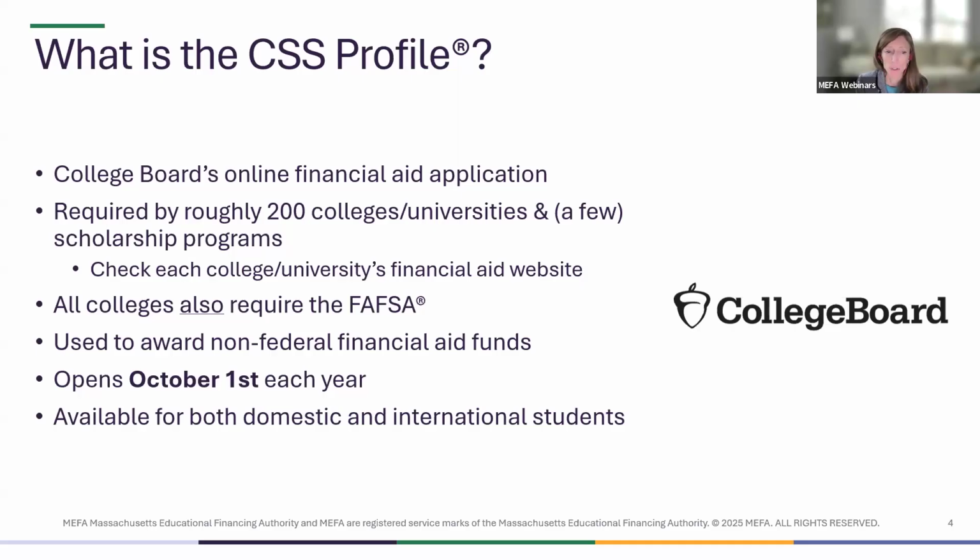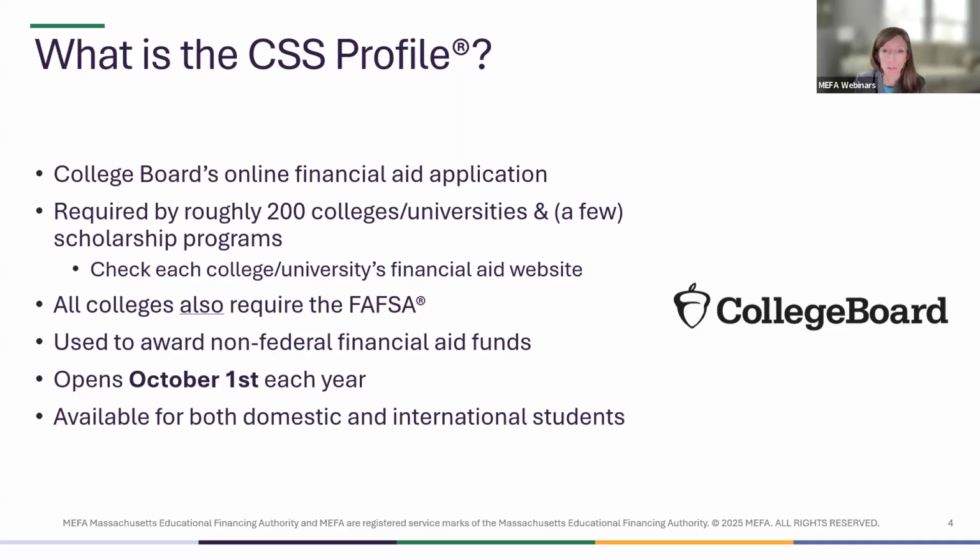The Profile is used to award non-federal financial aid funds. What we mean by that is a lot of colleges and universities have their own money. In the financial aid process, they're giving out federal financial aid and state financial aid, but most schools also have, and some of them a very significant amount of, their own financial aid funds. So schools use the CSS Profile to award their own funds, and they use it because they want to make sure they are giving out their own financial aid as equitably as possible.